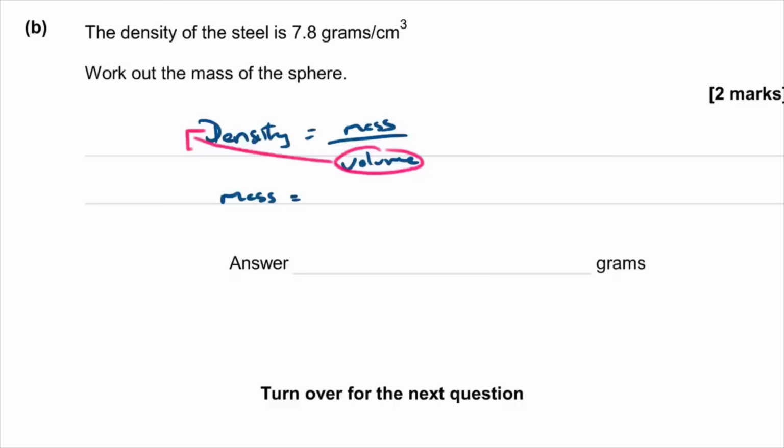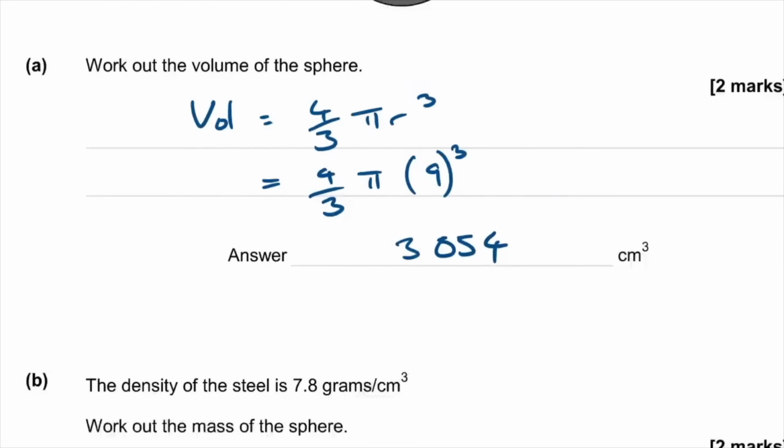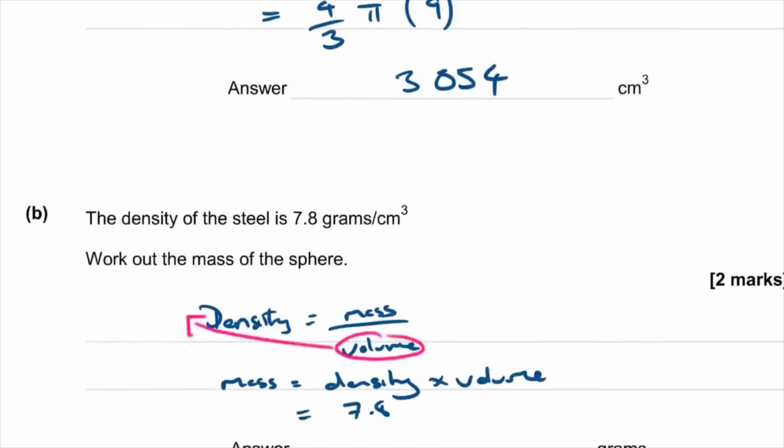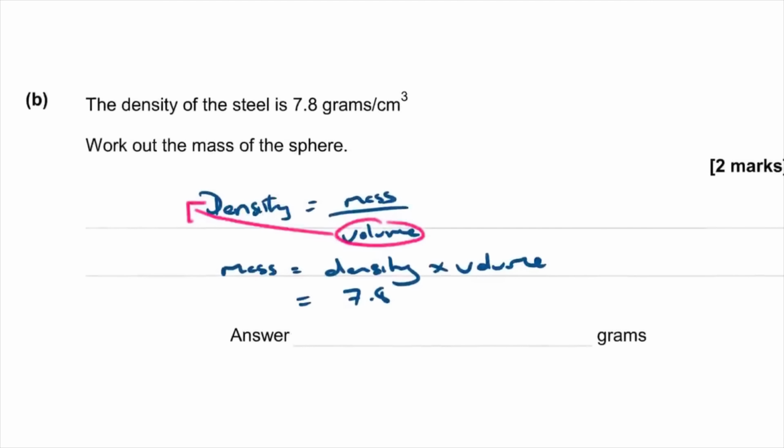So mass equals density times volume, which in this case is going to be our 7.8 grams per cubic centimetre multiplied by, just checking the units are all the same, yeah, that's in centimetres, so 3054.